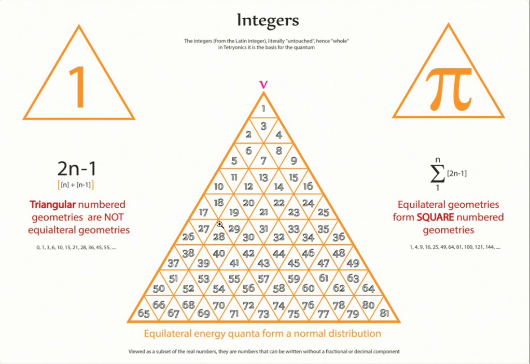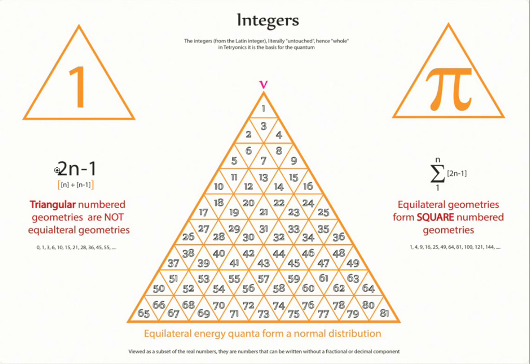Looking closely at the basic mathematics, obviously we have integer numbers, which are just 1, 2, 3, 4, 5, 6, and all of quantum mechanics, as the name suggests, is made up of quantum integer numbers of energy or mass energy. In this case, because of the equilateral geometry, these integers always form square numbers so far as the scalar field or the total energy of the scalar field is concerned.